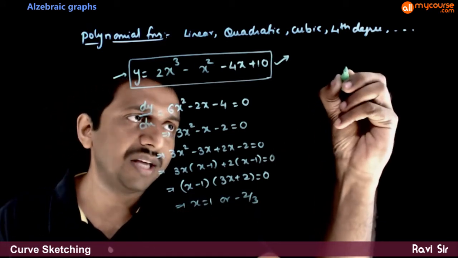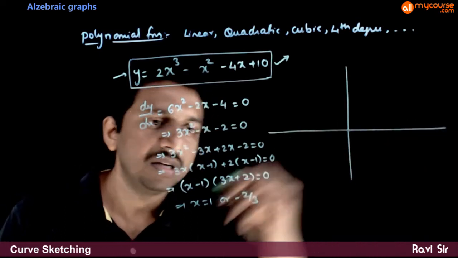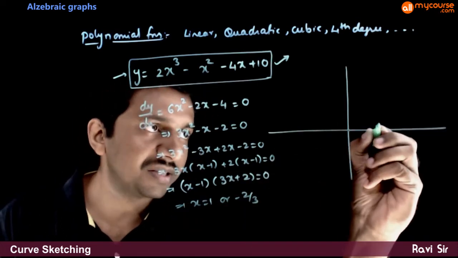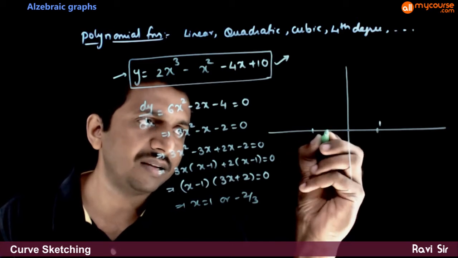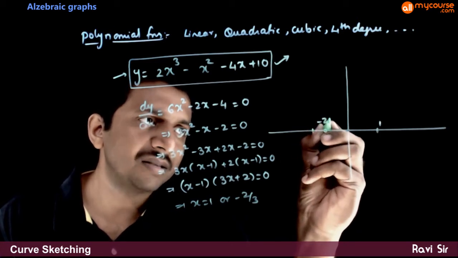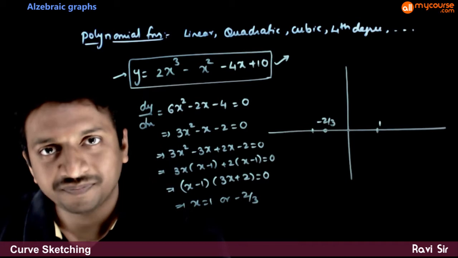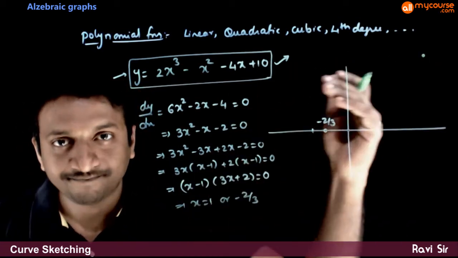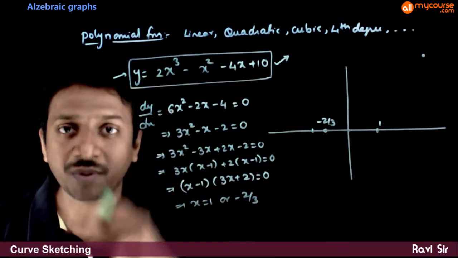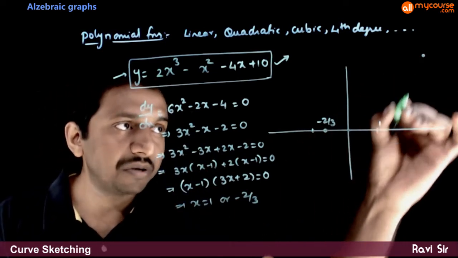Now if you draw the graph of this, first let us try to find these points. x is equal to 1 and x is equal to something like minus 2 by 3. Now we know that the graph starts from the top because the leading coefficient is positive. So obviously it has to come down.